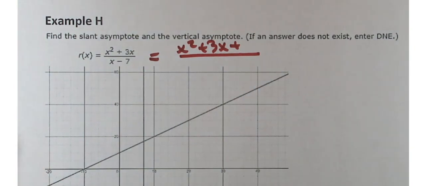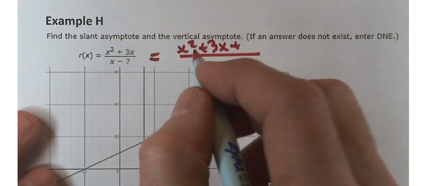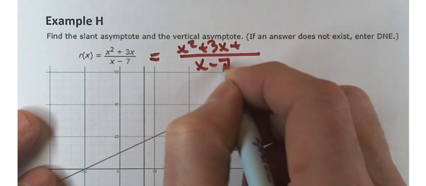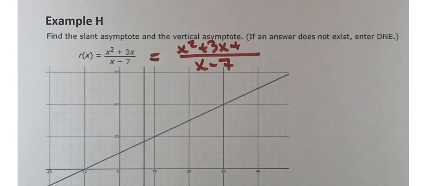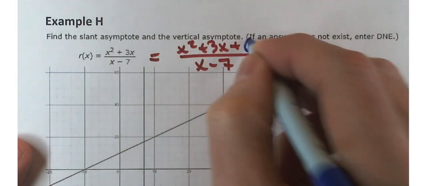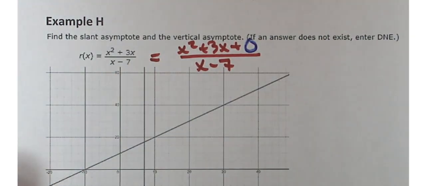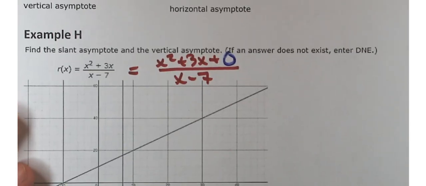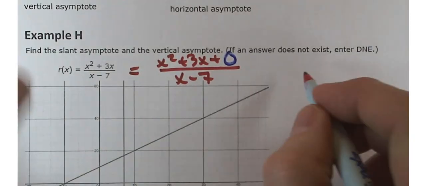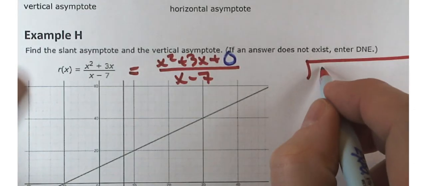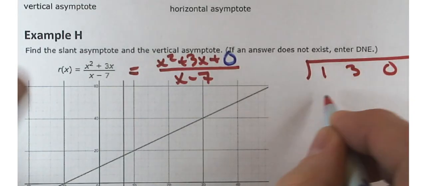What's missing in the numerator that I need to account for in my synthetic division? Plus a 0. All right, you need to account for the constant term even though it's not there. So for synthetic division, I'm going to have a 1, a 3, and a 0.